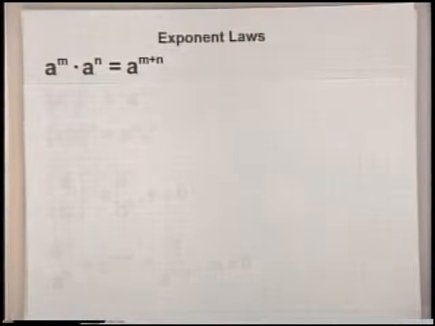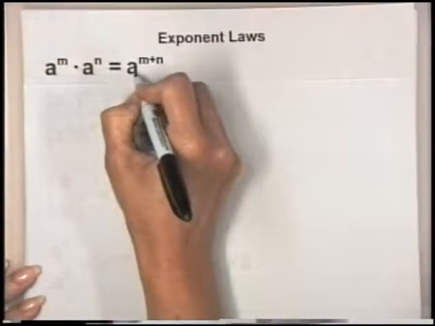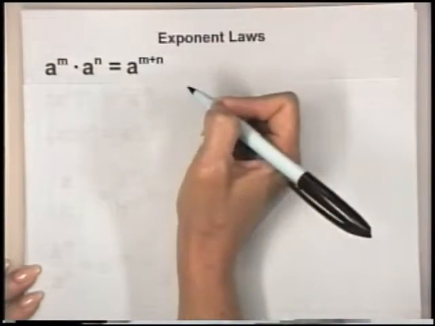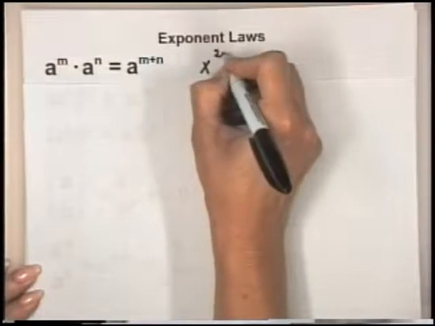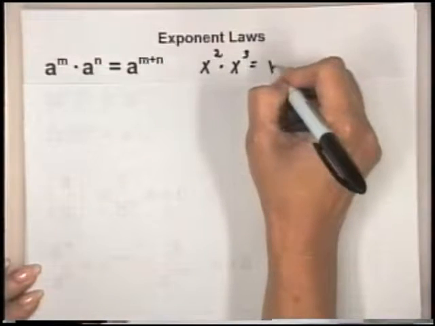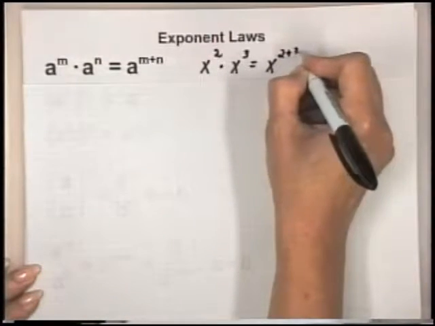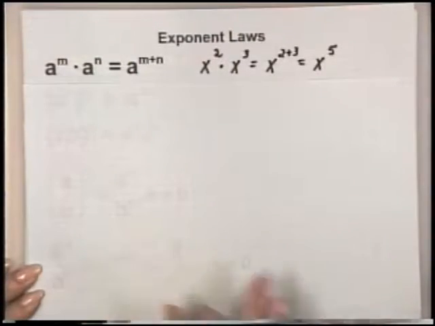If we have a to the m times a to the n, it is equal to a to the m plus n. As an example, if we have x to the second times x cubed, it is equal to x to the 2 plus 3, or x to the 5th power.